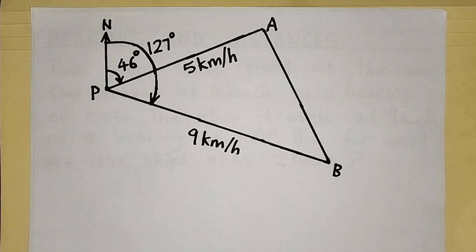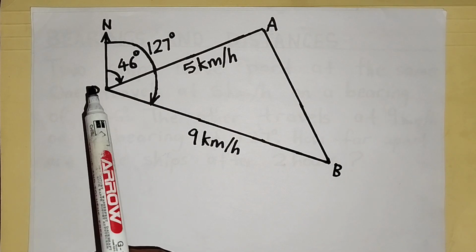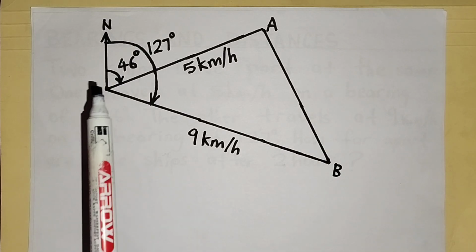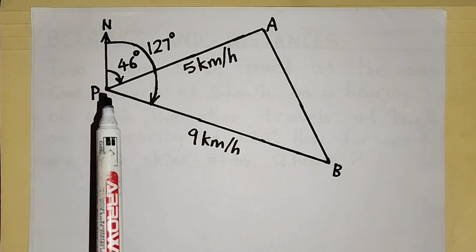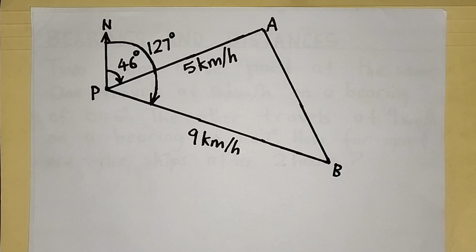For us to know how far apart they were after 2 hours, we must first know the distance traveled by ship A from port P up to here, and the distance traveled by ship B from port P.